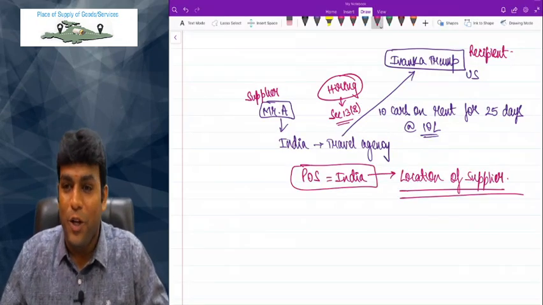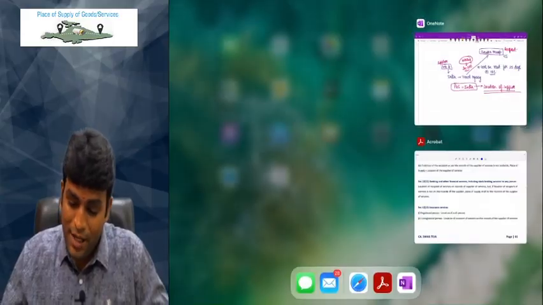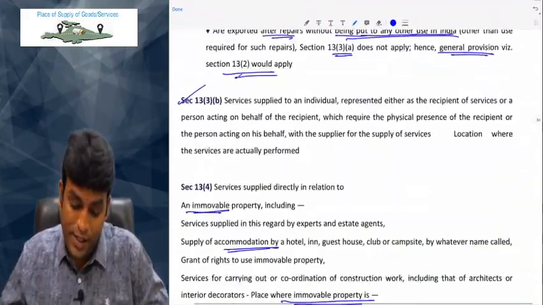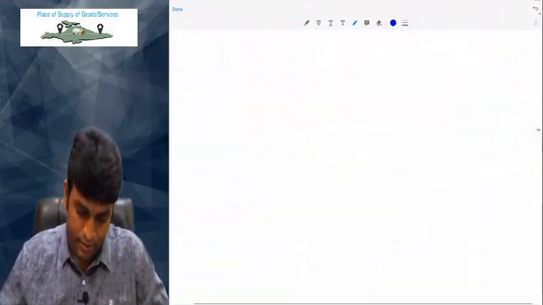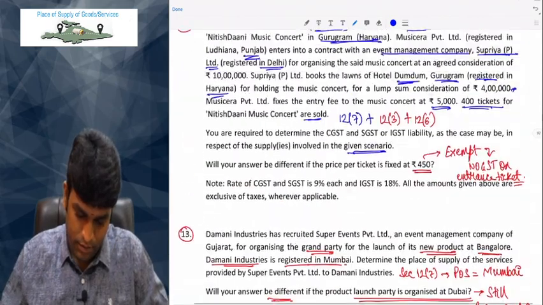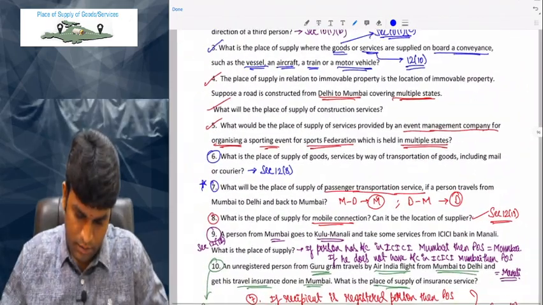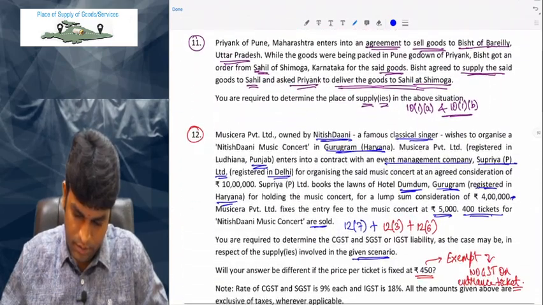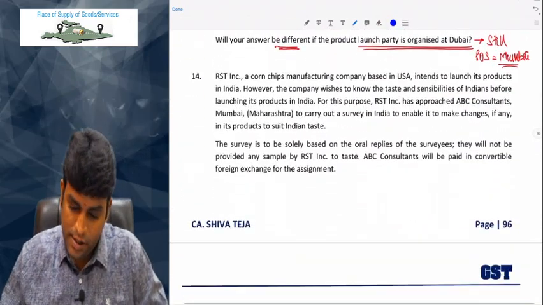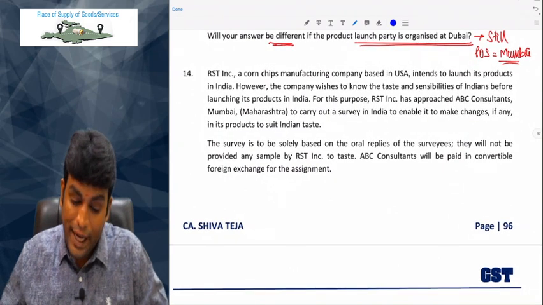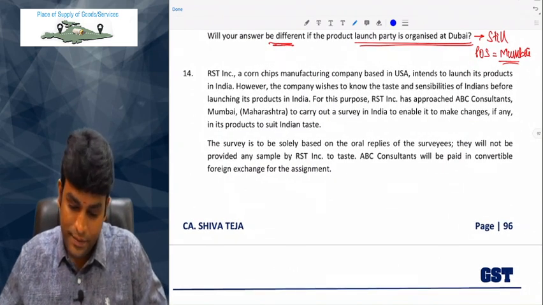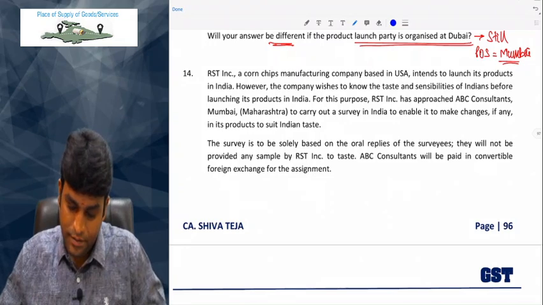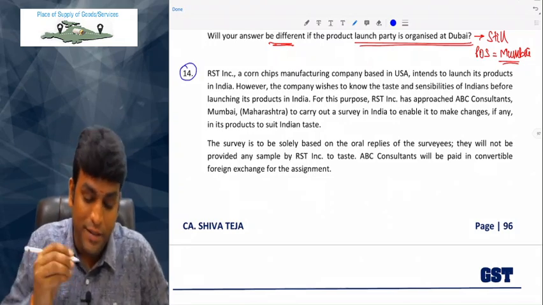I'm sure we got clarity on 13.8, friends. Come on, let's discuss 1-2 questions on this, my dear friends. Yes. Page number 96. Question number 14.